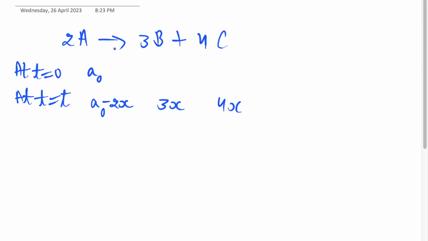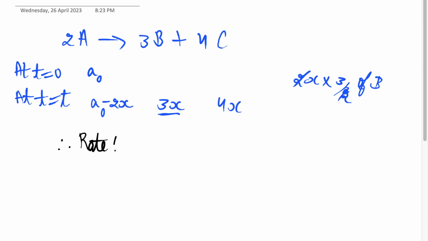And 2A gives 3B, so 1A will give 3B by 2, it's simply the unitary method. So 2x of A used will give 2x into 3 by 2 of B. The 2 will cut by 2, so we get 3x of B.